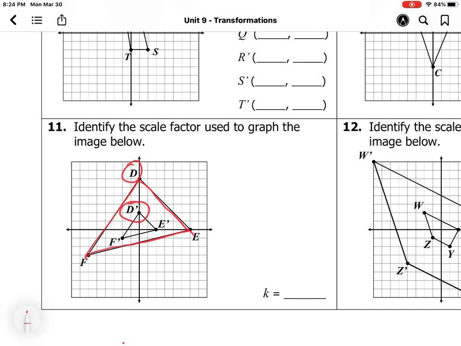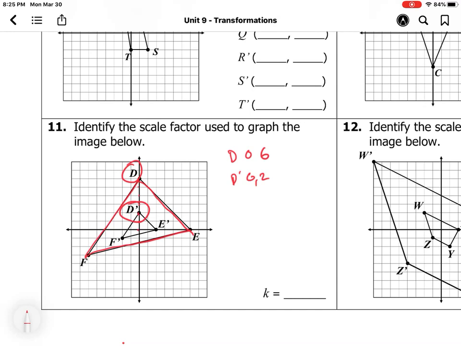Now you can't compare if it has a 0, you obviously can't do that. But let's look here. Let's look at D and D prime. D prime is (0, 2), and D is (0, 6), right? So from our pre-image to our image, it has gotten smaller, so it's a reduction.